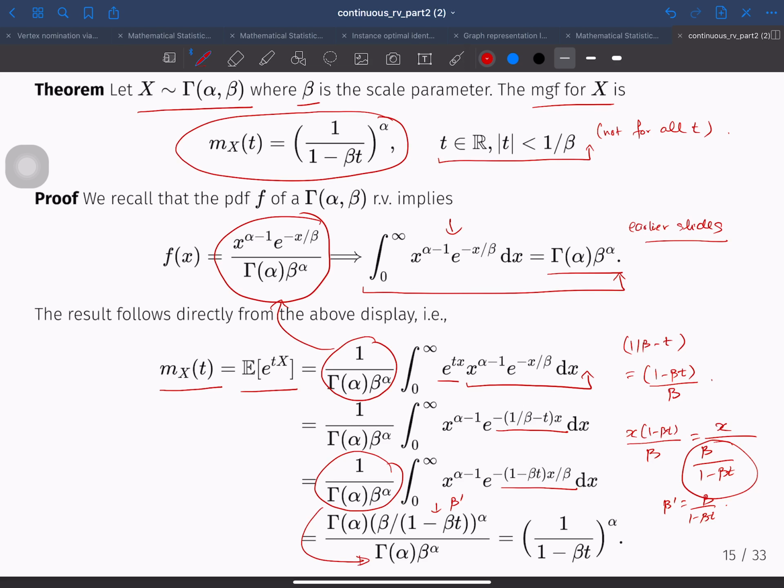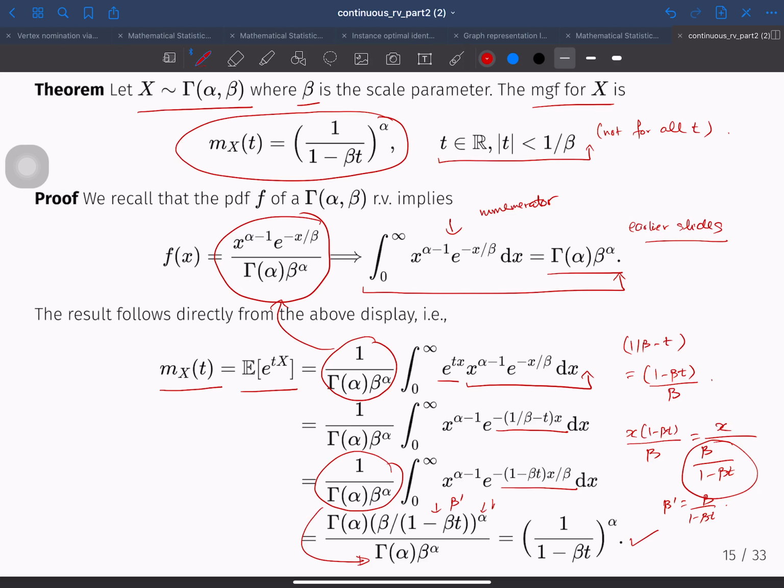Therefore, the numerator is this integral here. And so after some simplification, we get this expression here.